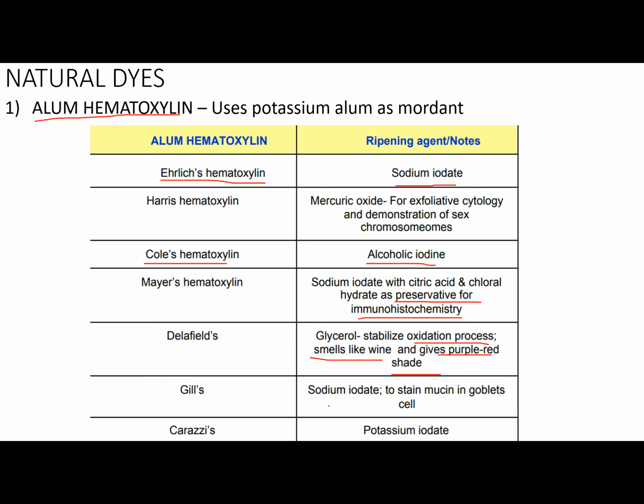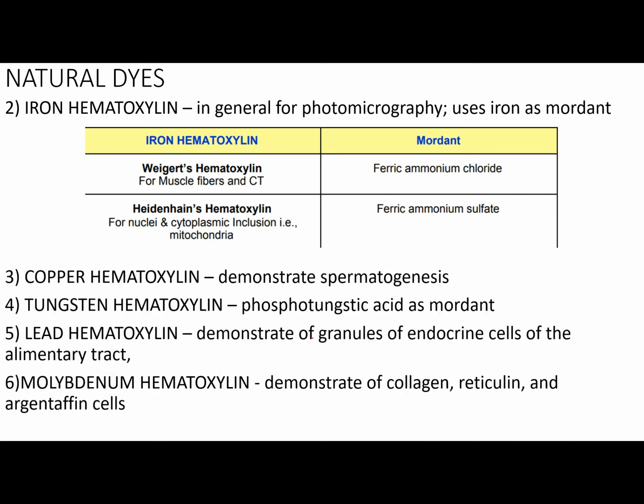Then we have your Gill's. This uses sodium iodate to stain mucin in goblet cells. And Carazzi's, which uses potassium iodate. Then we have iron hematoxylin. This is generally used for photomicrography. It uses iron as a mordant.